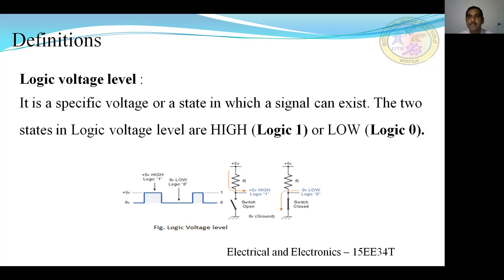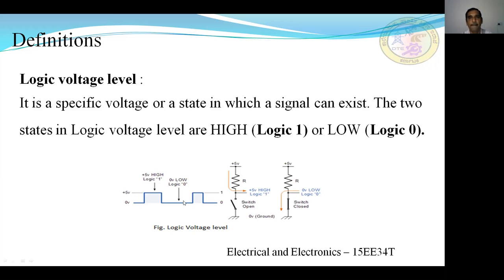Logic voltage level is a specific voltage or state in which a signal can exist. When we take a signal in analog, as I said, it is a continuous signal and we don't get states there. But in digital you have two states, high and low. That's why in digital you can define a logic voltage level, maybe high or low, two states.